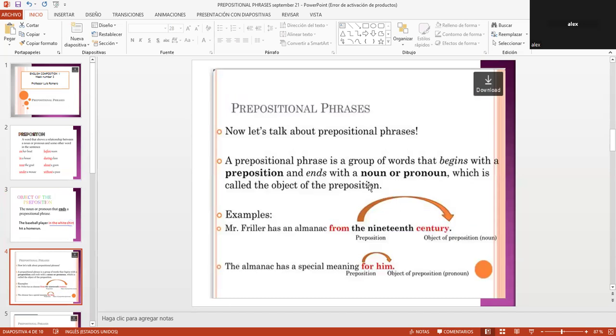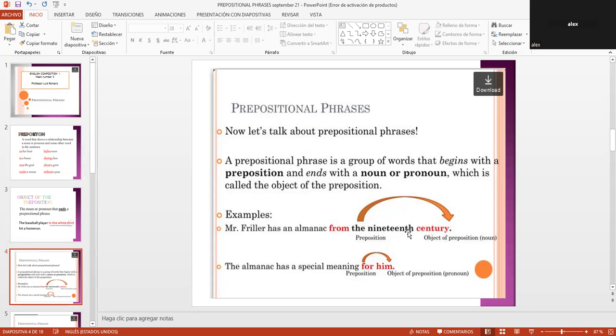Remember that I was telling you that a prepositional phrase is composed of a preposition and a noun, right? But instead of a noun, you could also have a pronoun, like this one here, for him. Here you have the two elements. Remember, a preposition and a pronoun, or a preposition and a noun, like this one, from the 19th century.